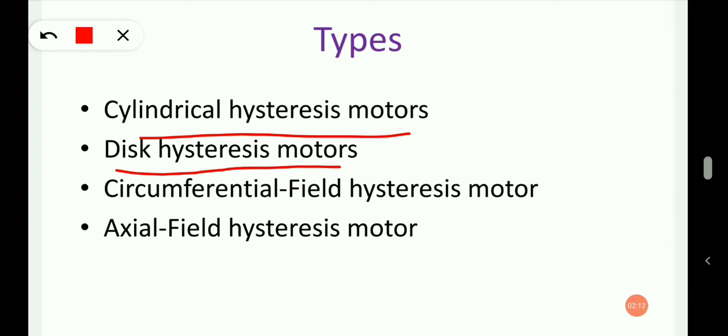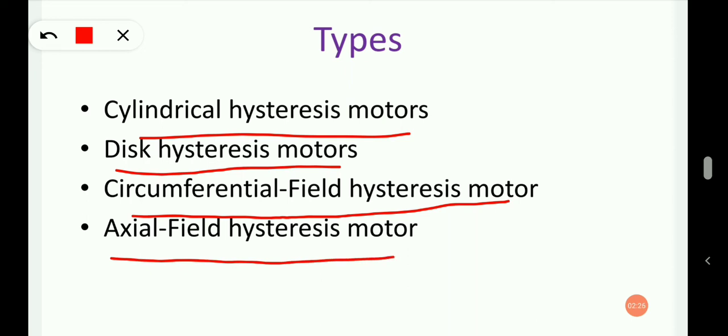Next is circumferential field hysteresis motor. It has a rotor supported by a ring of non-magnetic material with zero magnetic permeability. And the last type is axial field hysteresis motor. It has a rotor supported by a ring of magnetic material with infinite magnetic permeability.